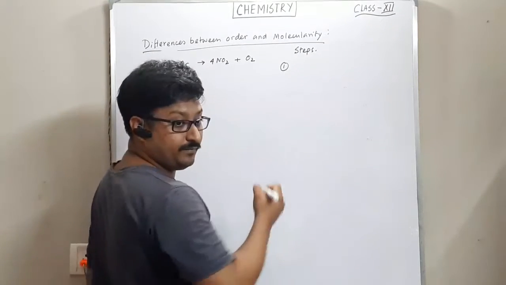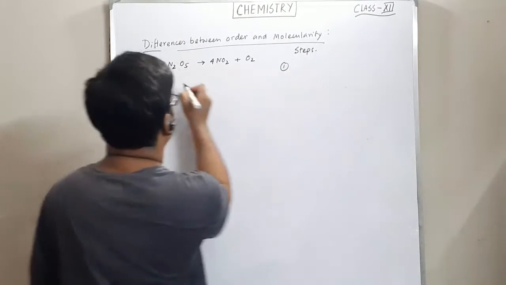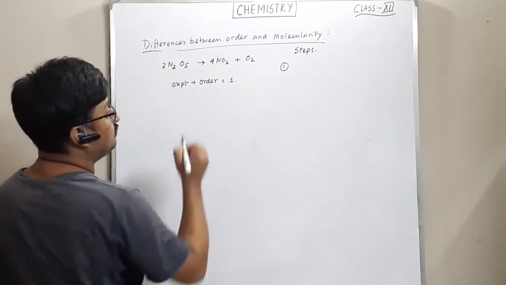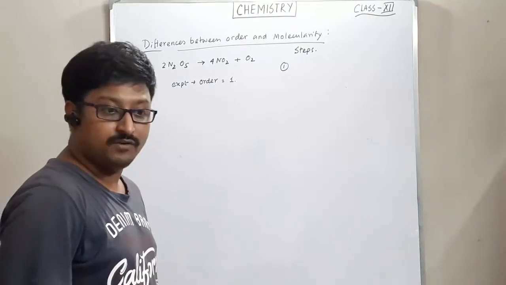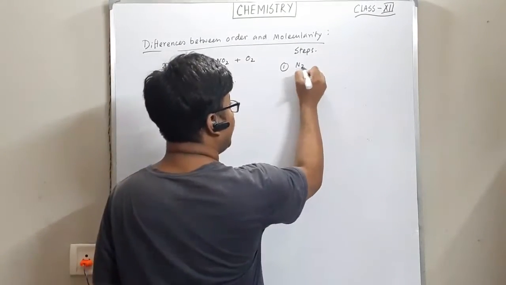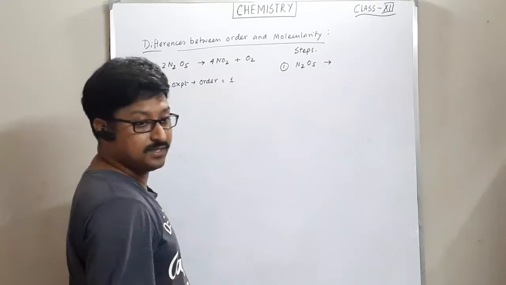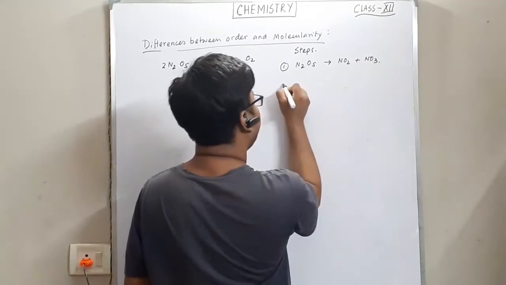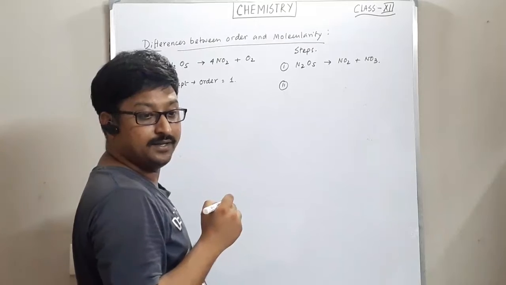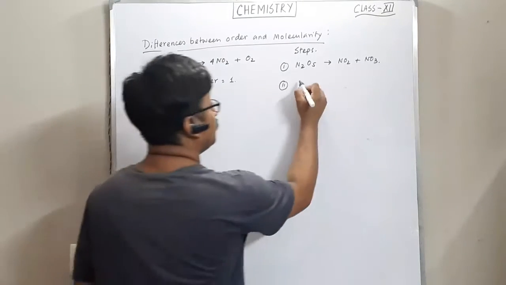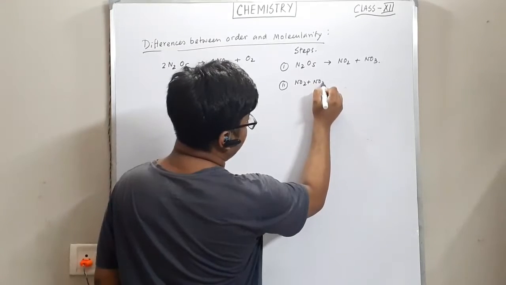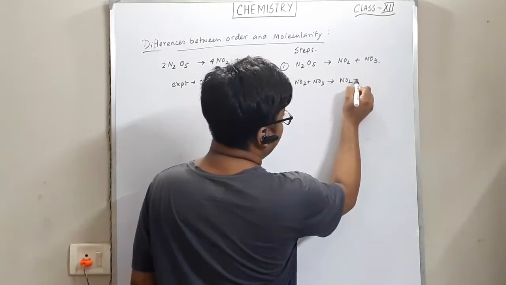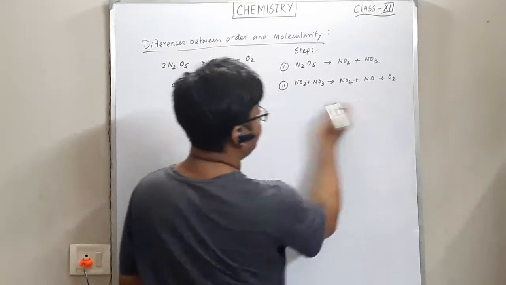Experimentally, the order of this reaction is found to be 1. Step one: N2O5 decomposes into NO2 plus NO3. Step two: NO2 plus NO3 further decomposes into NO2 plus NO plus O2.